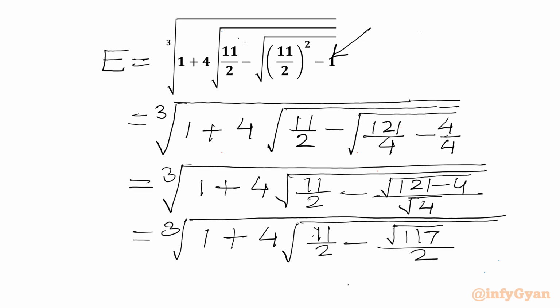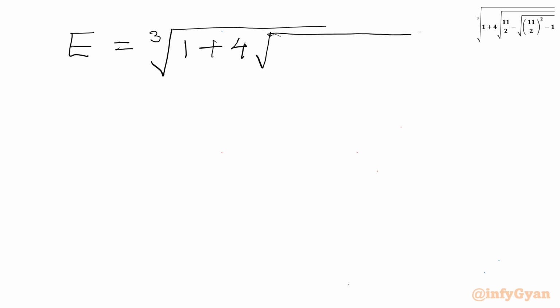Now I will take LCM. So it will give us expression E equal to cube root of 1 plus 4 times square root of, I will write 11 minus square root 117 over 2. Now let us multiply in the numerator and denominator by 2.